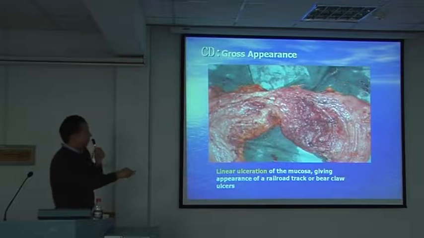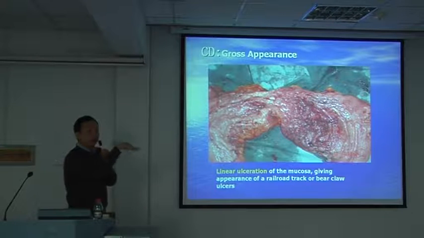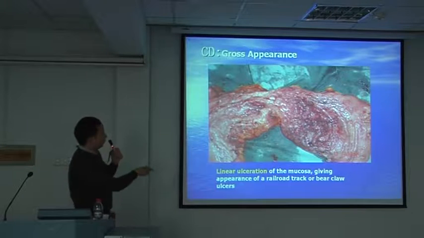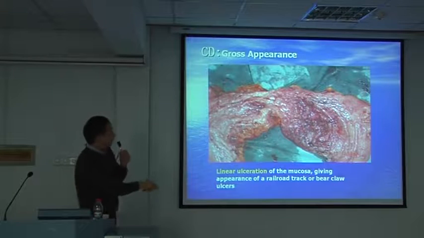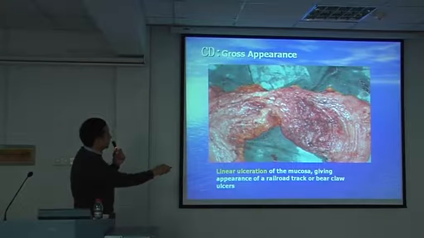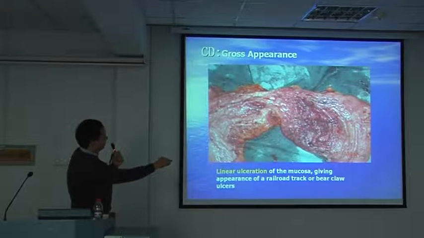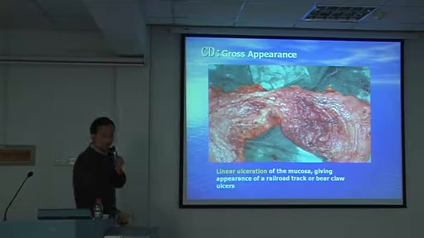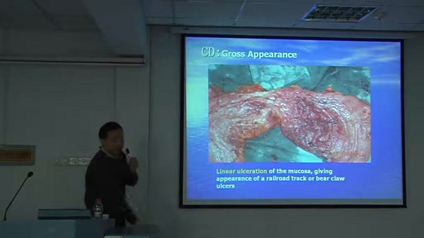So this is the gross appearance of Crohn's disease. You see these very deep longitudinal ulcerations. This is a CD constriction. This is the lumen. Just cut it open.